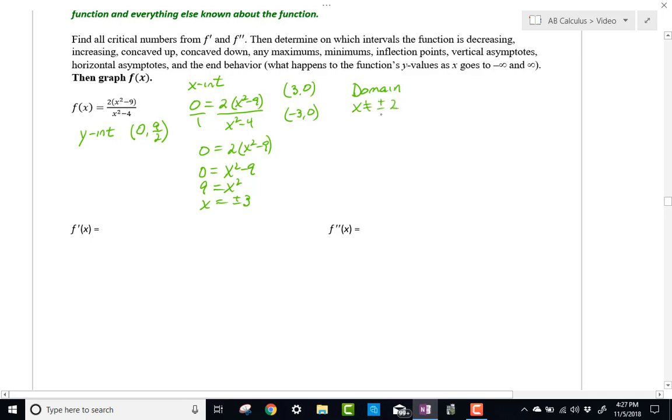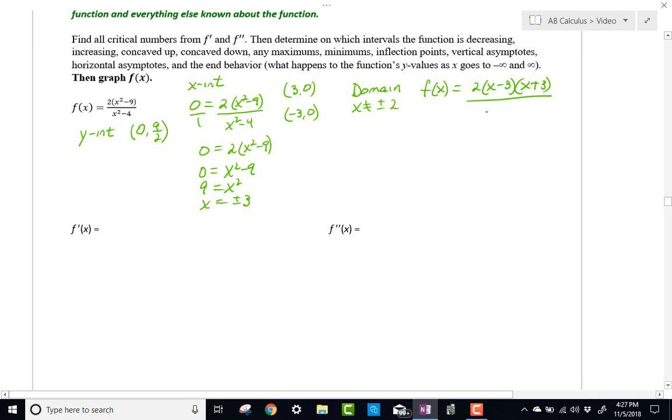So we've got something going on there. We'll take a look at those. So I talked about factoring that. Let's go ahead and factor that just so you can see this. So f of x, if we factor the numerator, we get 2 times x minus 3 and x plus 3.